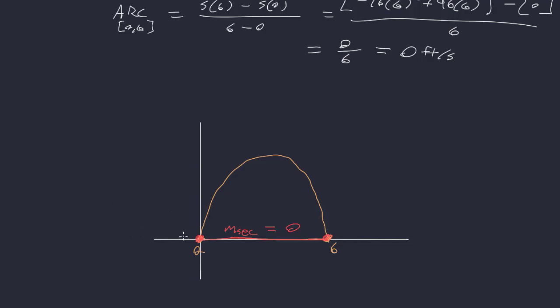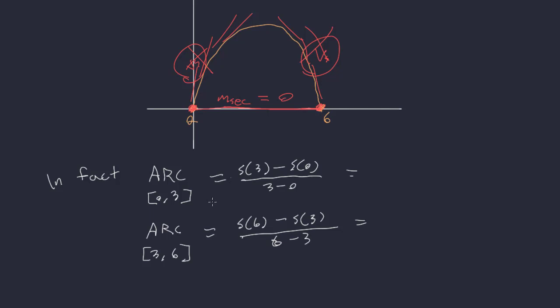Well, all that means is that the velocities on this side cancel out the velocities on this side, because on this side they'll all be positive, and on this side they'll all be negative.